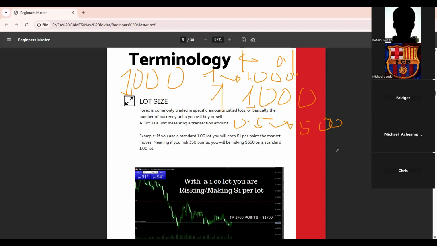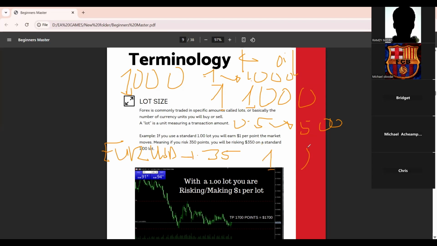That's how lot size works. Lot size works in a way that if you don't have enough to buy the whole amount, you can buy a percentage of it. Let's say euro dollar, like the first one we did, EUR/USD is 1.3, and you want to buy one standard lot.